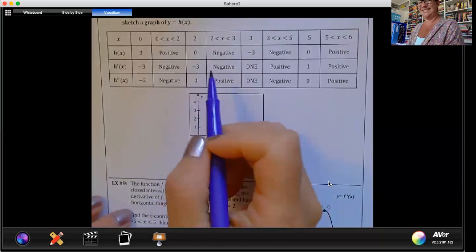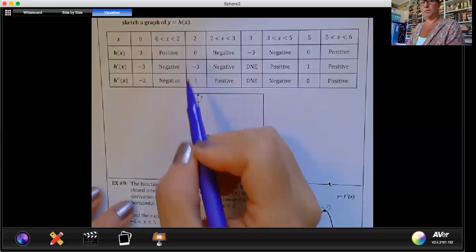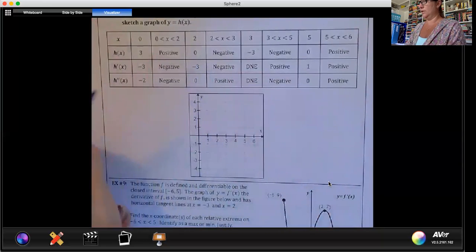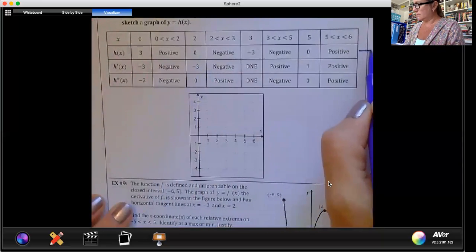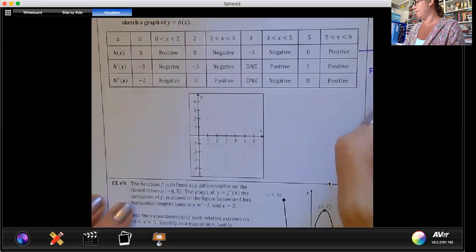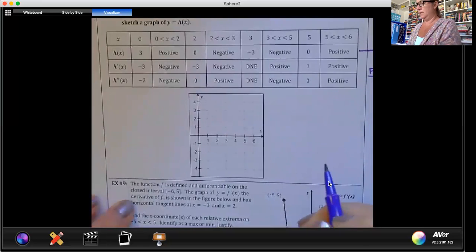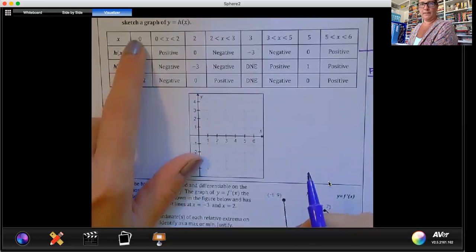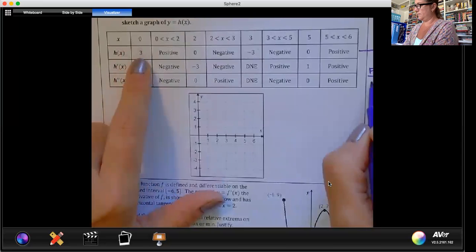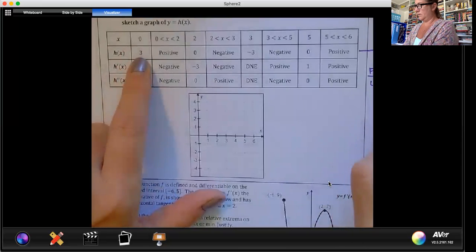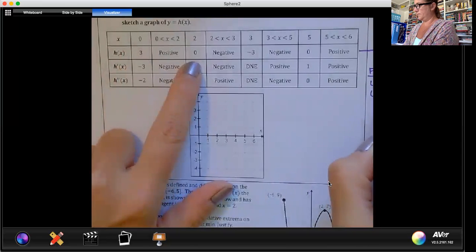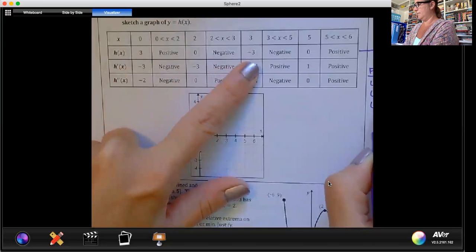So we're going to analyze h of x, h prime, and h double prime, and we're going to start with h of x. At h of x, you are creating points on your graph. Those points are (0, 3), (2, 0), (3, -3), and (5, 0).